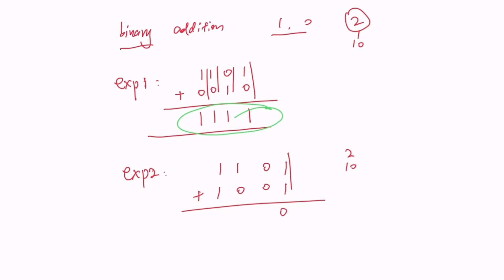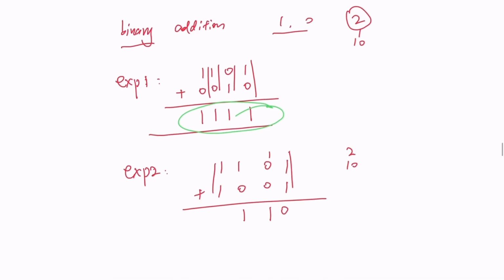So we write down 0, we get a carry over here. For the next one, 1 plus 0 plus 0 will be 1. And 1 plus 0 is 1 here. 1 plus 1 is 2. So here we write down 0, we get a 1 carry, so it will be 1. So the result will be 1, 0, 1, 1, 0.